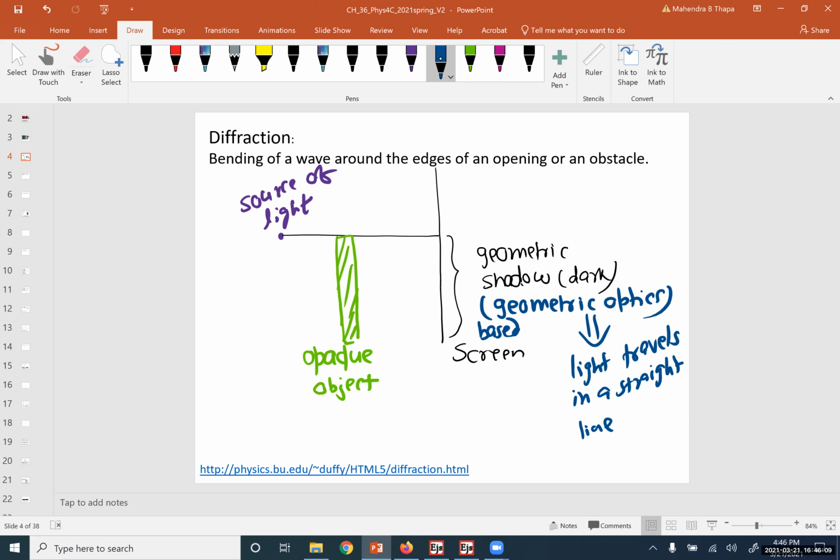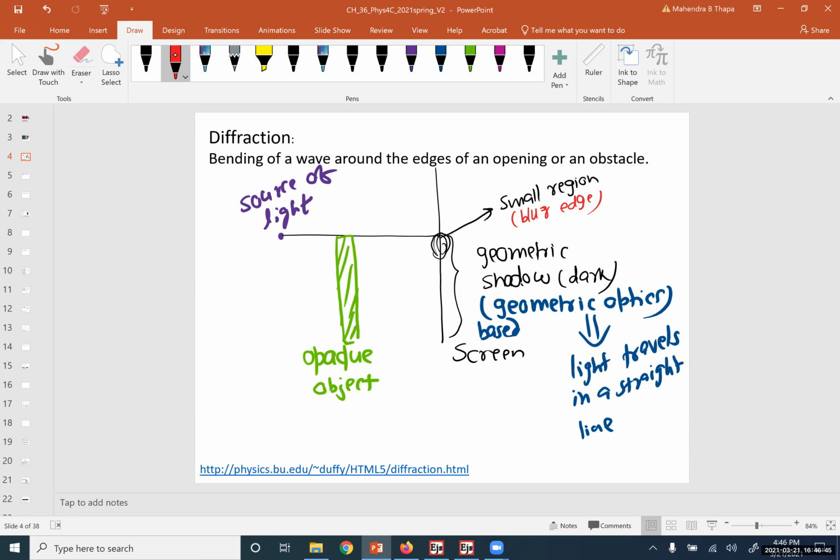But in the actual case, this small region here is not completely going to be dark. This region looks like a blurred edge.